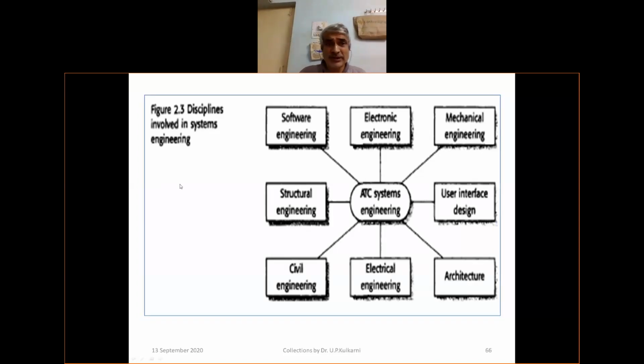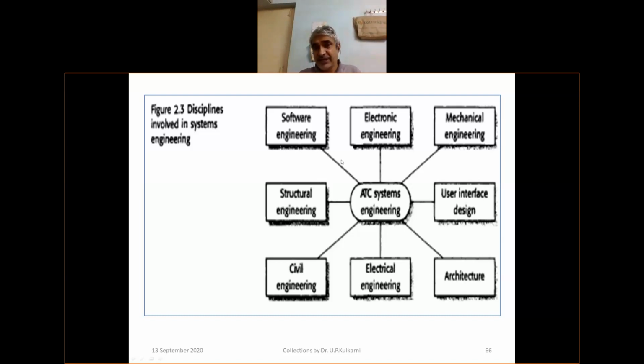Now, when you look at the different disciplines, a system is not only the program. When we talk about software, it is a program. But when we talk about a system, it's a collection of hardware from different branches of engineering. You may need sensors, actuators, interpretation, computation, and cloud-related things.